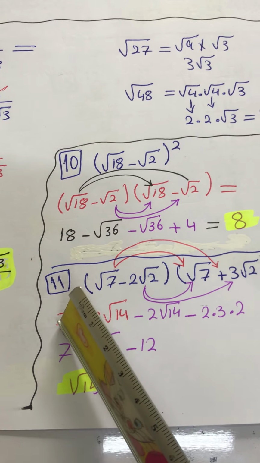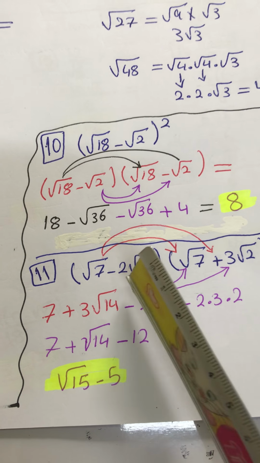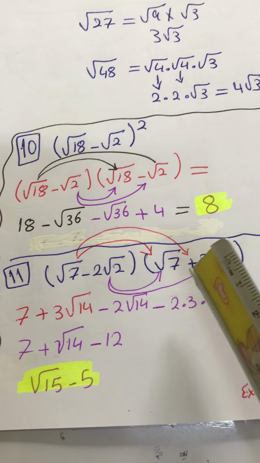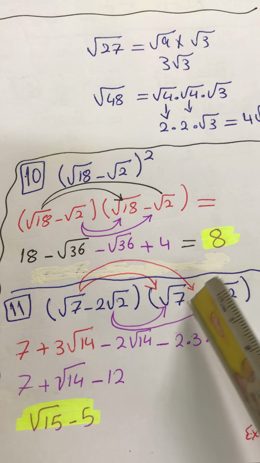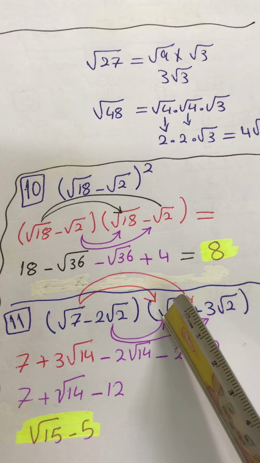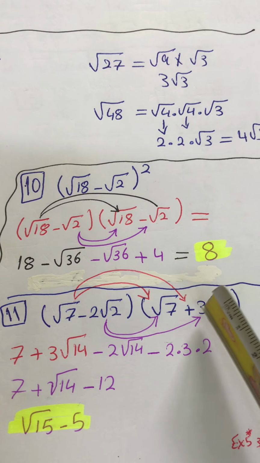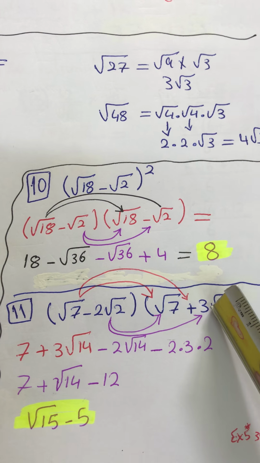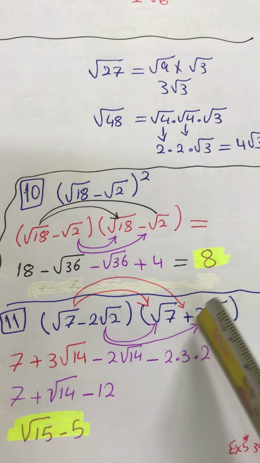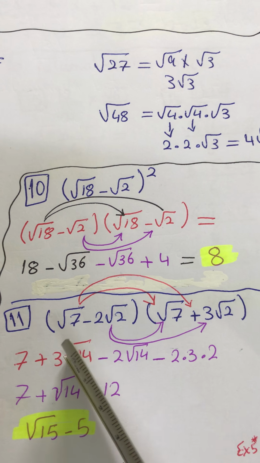Also in number 11, take care. I have square root of 7 minus 2 square root of 2, and then 7 plus 3 square root of 2. So I'll take square root of 7 multiply square root of 7, gives me 7. And square root of 7 multiply positive 3 square root of 2 equals 3 square root of 14.